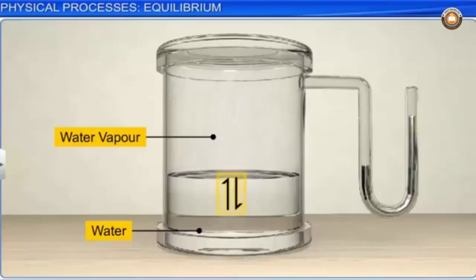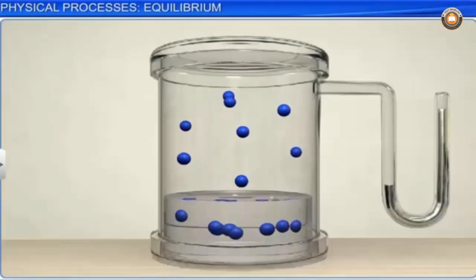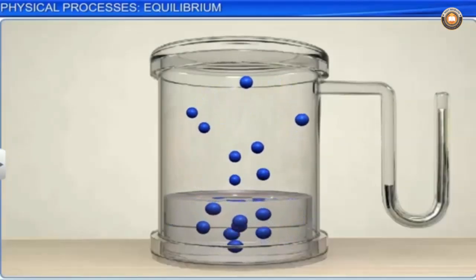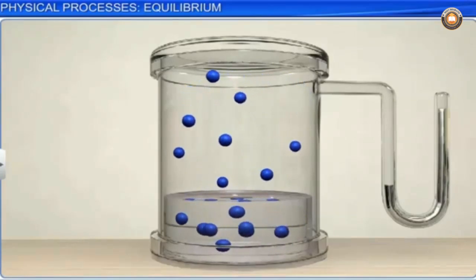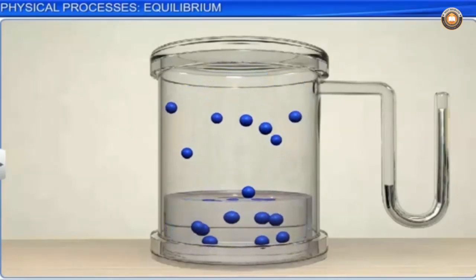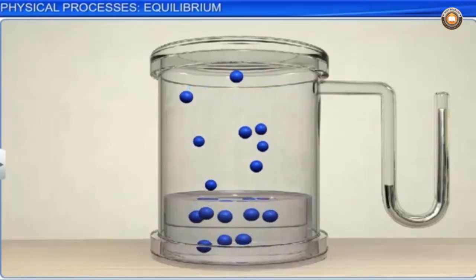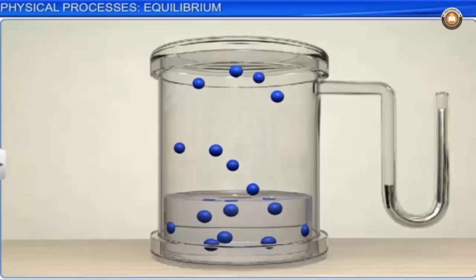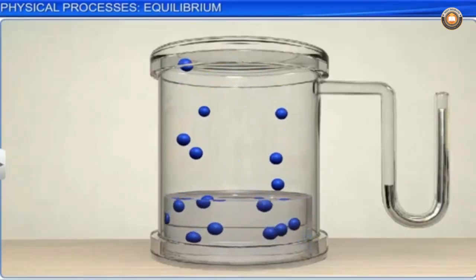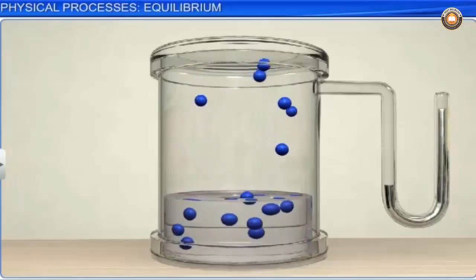The molecules of the vapor in their movement collide with other molecules, with the walls of the container as well as the surface of the liquid. When some of the molecules with less kinetic energy come closer to the liquid surface, they get attracted to the surface.